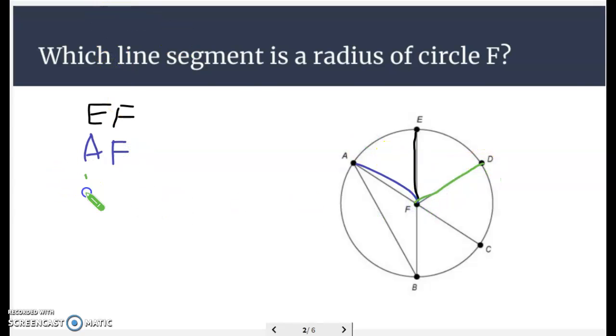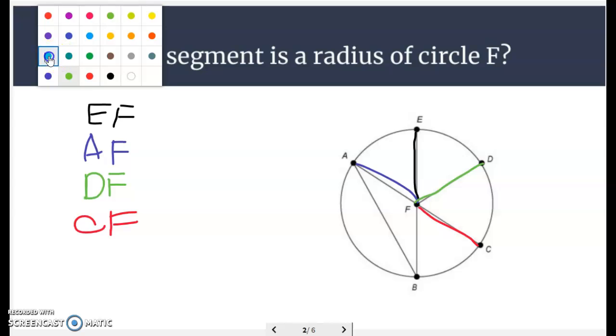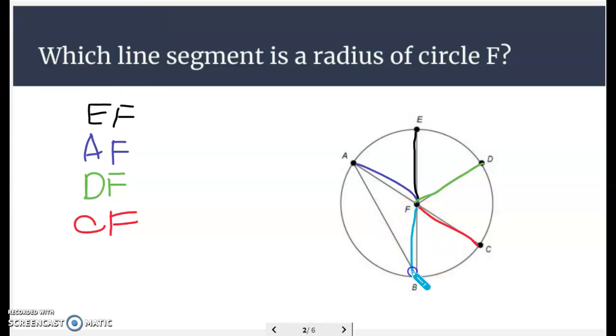DF would be a radius. CF would also be a radius. And let's use a different shade here. How about BF? BF is also a radius.